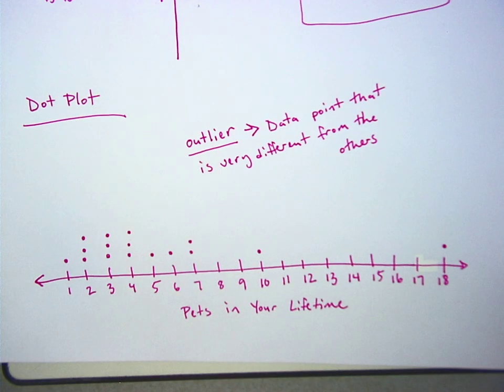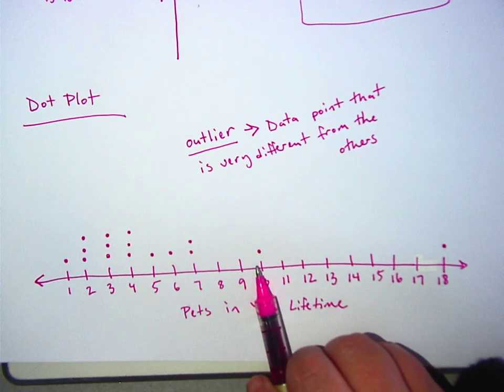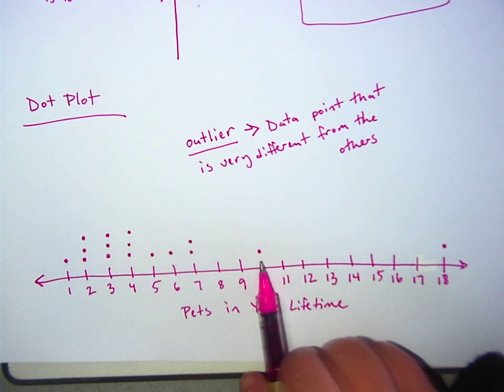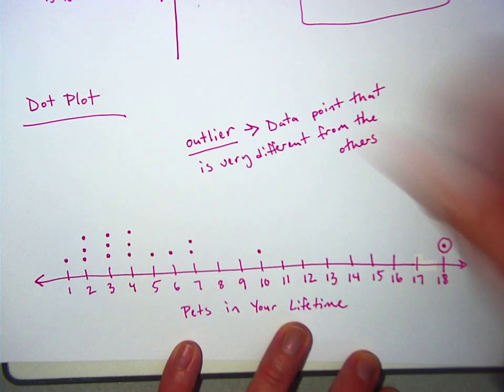Would you consider 10 to be an outlier? Is it very different from the others? It's definitely different, right? How about 18? I'd say probably 18 is an outlier.